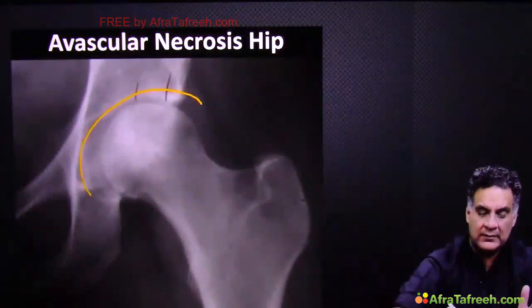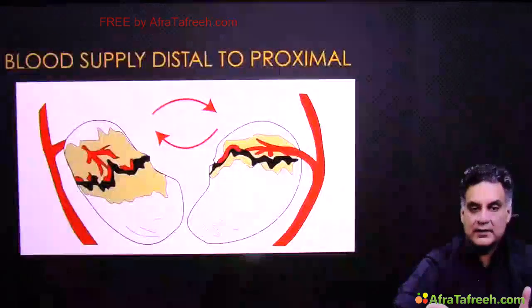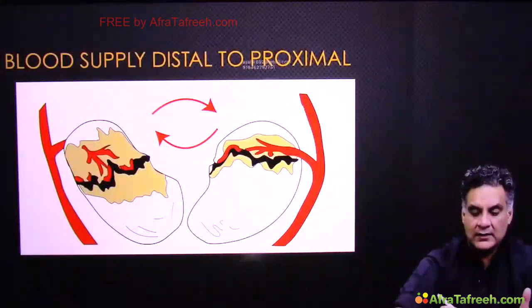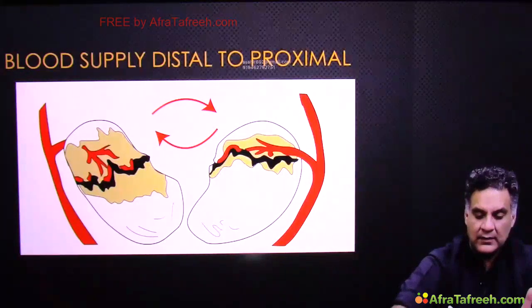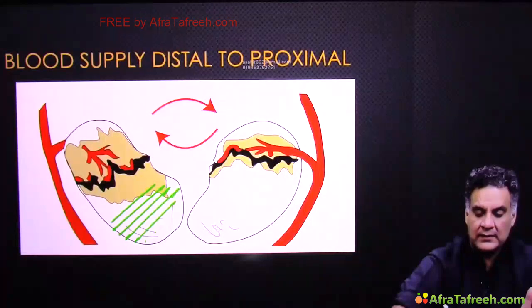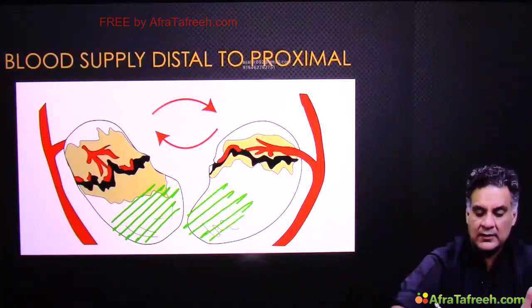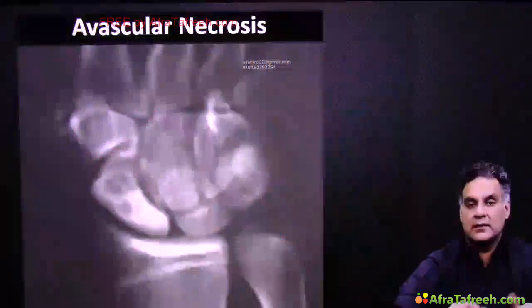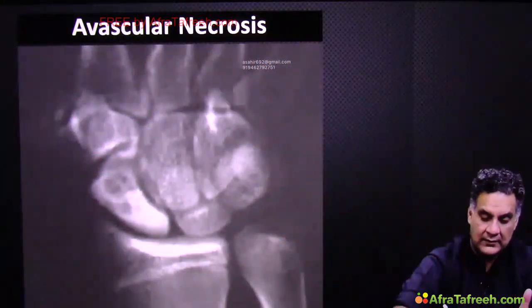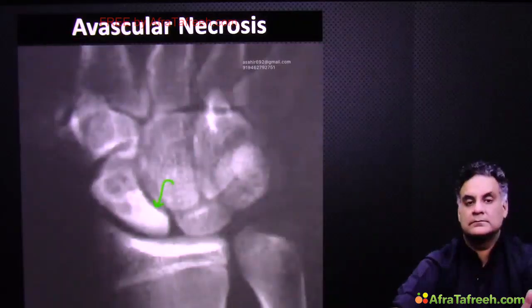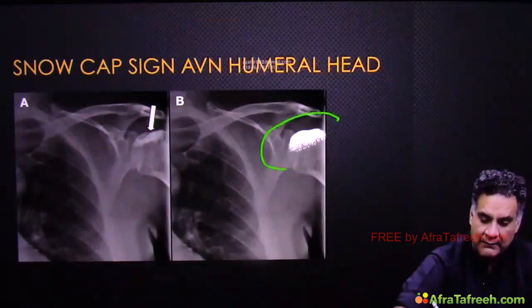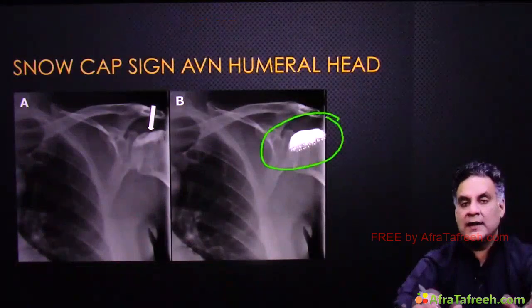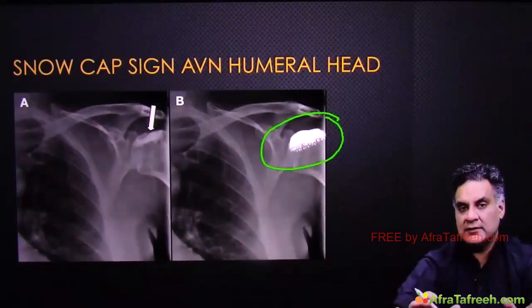Similarly, in scaphoid, the blood supply comes from distal to proximal, so the proximal area undergoes avascular necrosis. That's how it looks, white. In the head of humerus, there appears a cap of snow, called the snow cap sign, seen in avascular necrosis of the head of humerus.